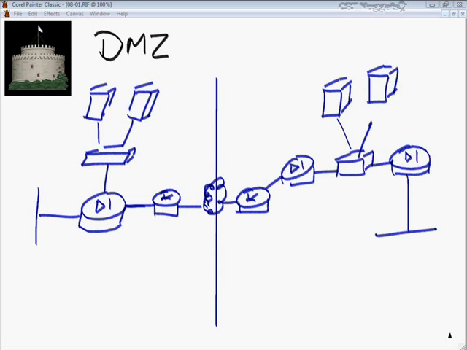Now, we may have some limited access to that DMZ by hosts on the inside of our network, maybe management hosts, for example, but we have to carefully configure our firewall to protect our inside network from the DMZ. These servers and services in the DMZ are being exposed to the internet or to selected extranet partners.